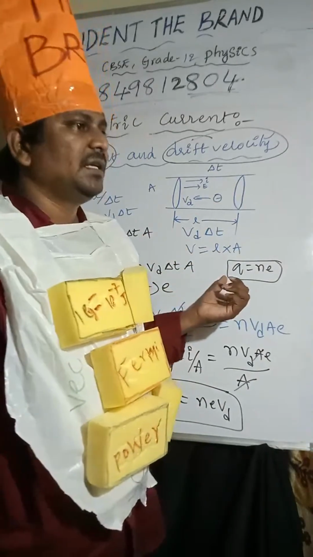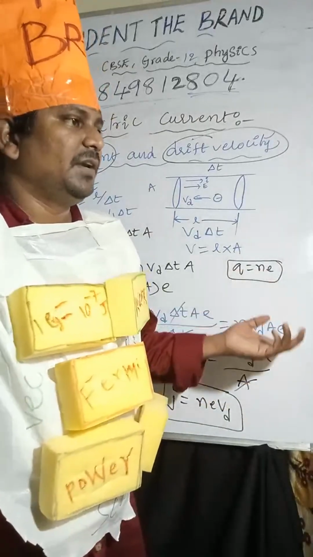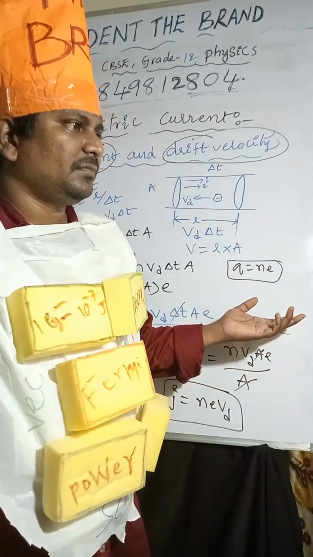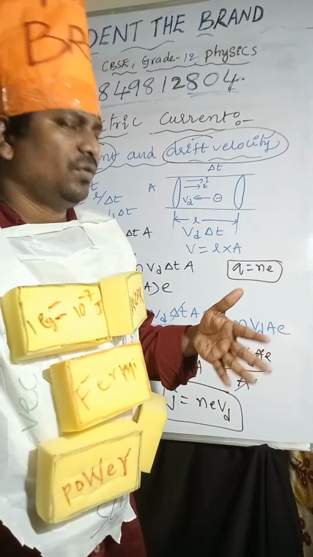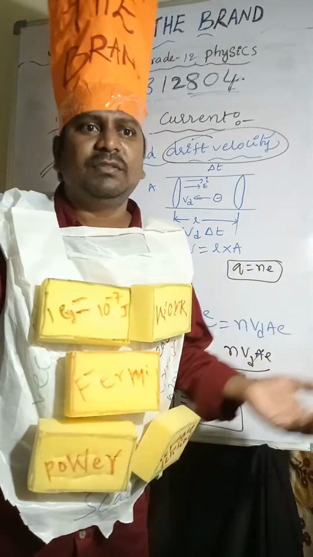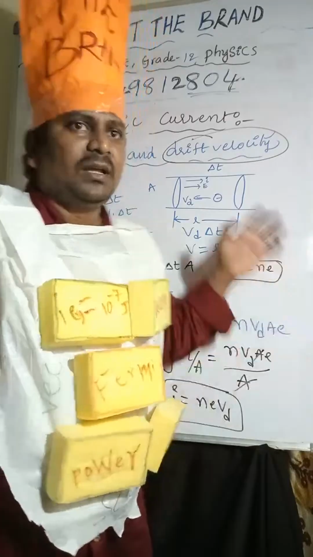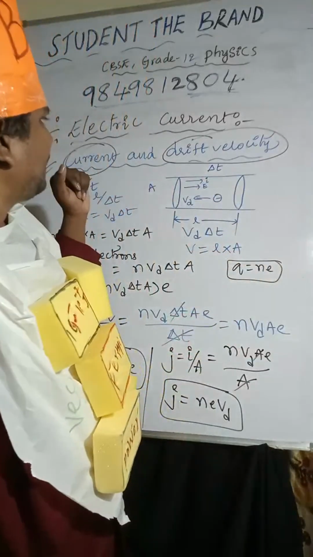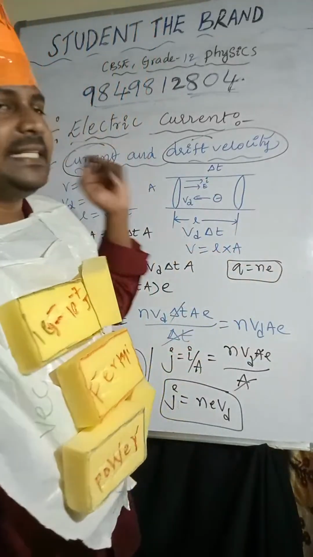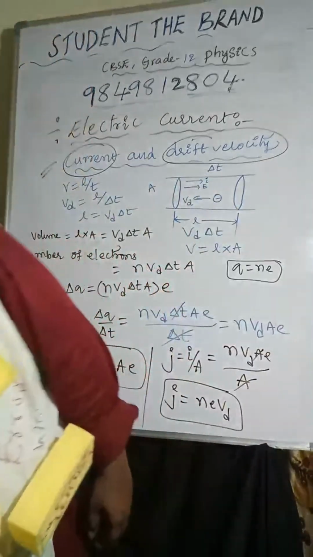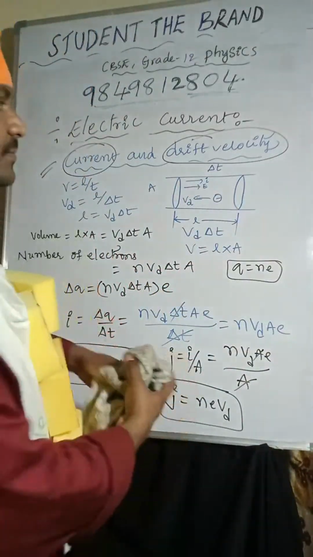We'll discuss those. After that, we will discuss grouping of cells. Now I'll discuss resistance and resistivity. Okay?